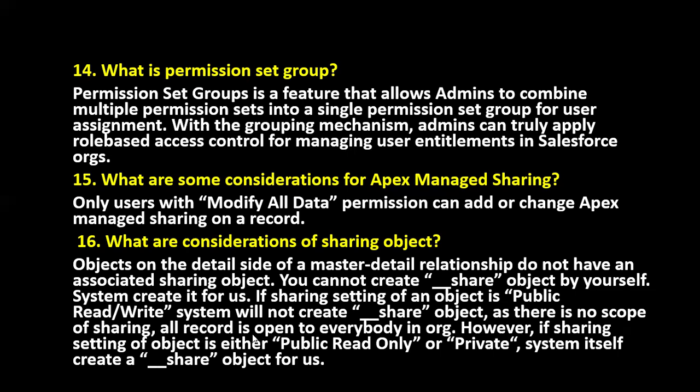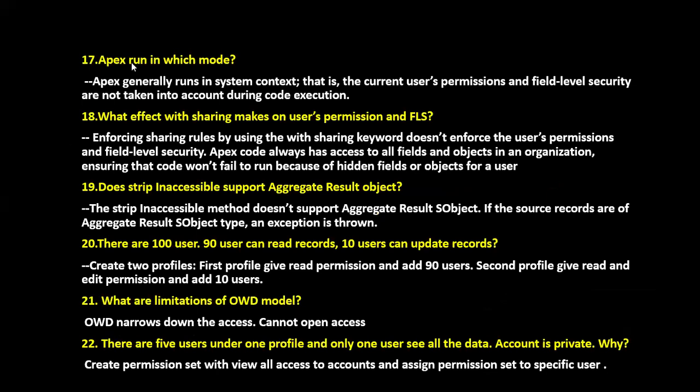All records are open to everybody in the org. However, if the sharing setting of the object is either public read only or private, the system itself creates a share object for us.